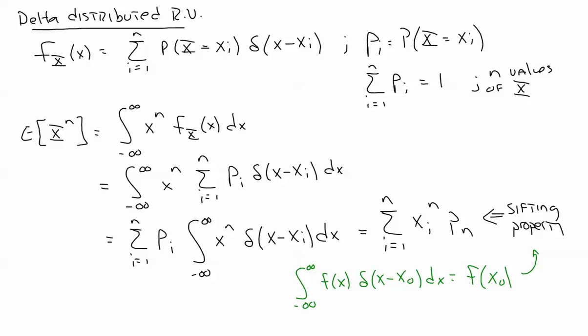Okay? All right. So, let's move to the next page. Let's remind ourselves that we found on the previous page that the expected value of random variable x raised to the nth power for a delta distributed random variable is the summation from i equals 1 to n x sub i raised to the nth power times p sub i. All right.